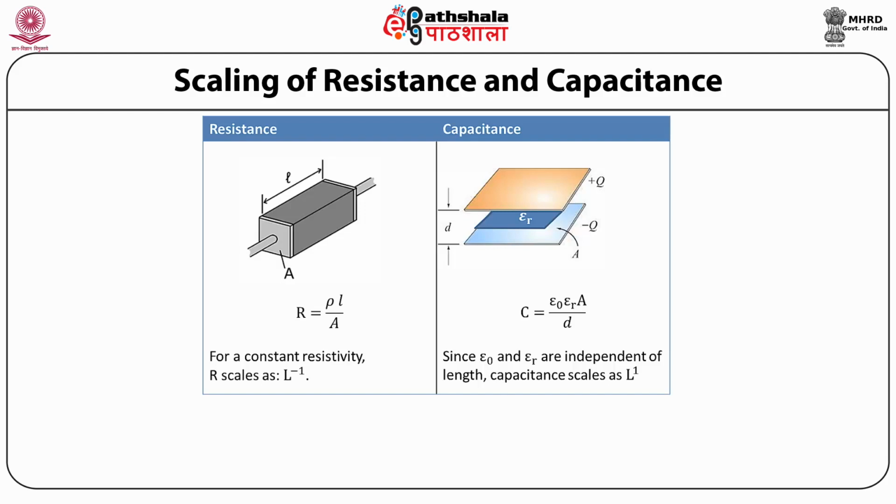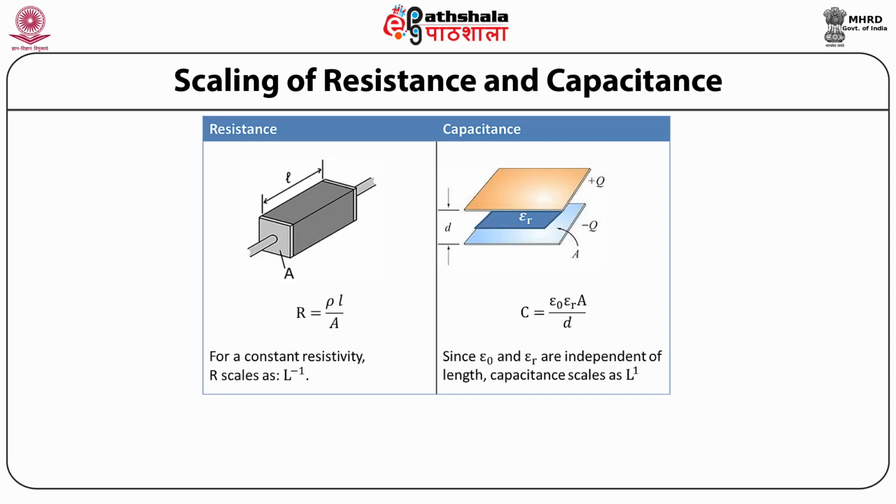Here epsilon naught is the permittivity of free space and epsilon R is the relative permittivity of the dielectric material between the plates, and scales as L to the power 0.